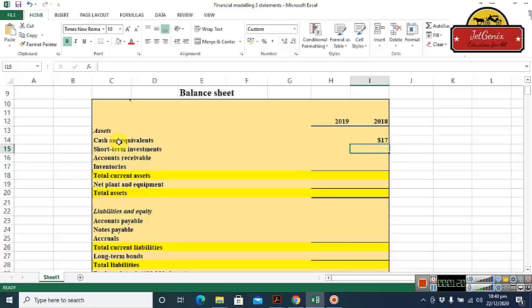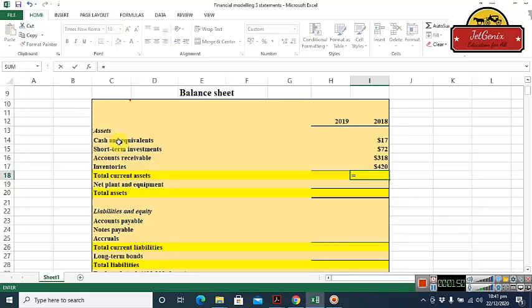The next item in the balance sheet is the short-term investment, and let's assume it is 72 million in 2018. The third one is accounts receivable, which we assume is 318 million, and the inventories are supposed to be 420 million.